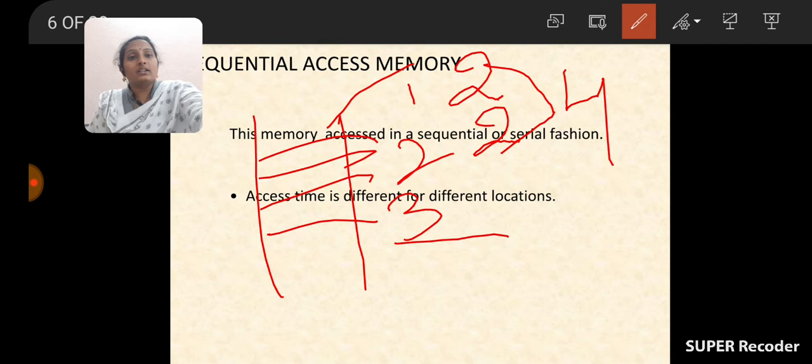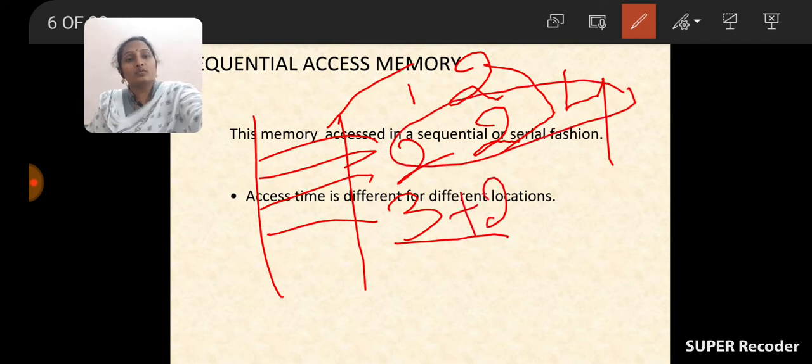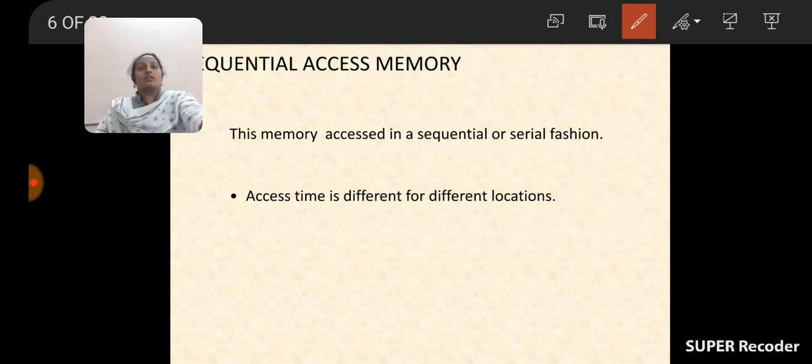And for the third register, these 4 minutes are required, and for these 2, so total 6 minutes. Means in increasing order, while accessing the registers one by one, the last register will require the full time.